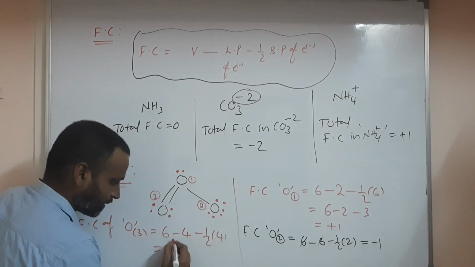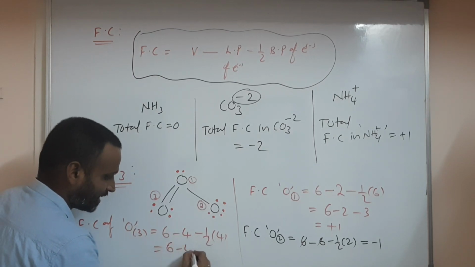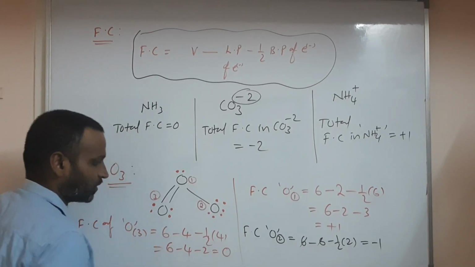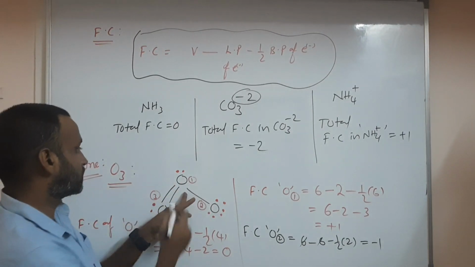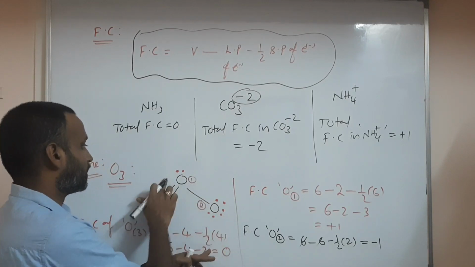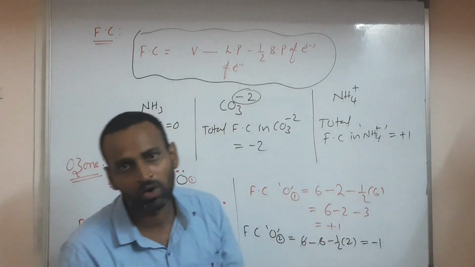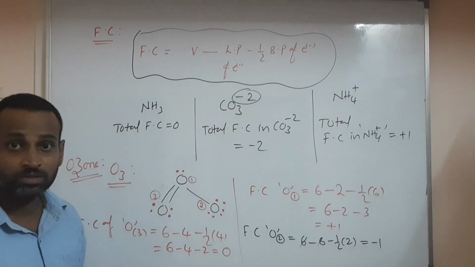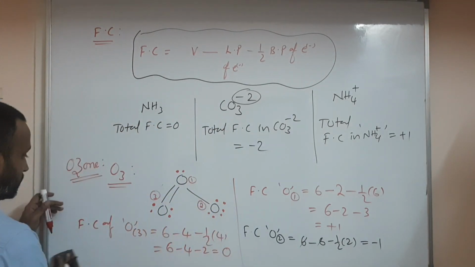You are having 0. So for this oxygen, formal charge is 0. For this oxygen, formal charge is plus 1. For this oxygen, formal charge is minus 1. Overall total formal charge: plus 1, minus 1, 0. So the O3 formal charge is 0. Like this you can work it out. Okay, this is about formal charge.